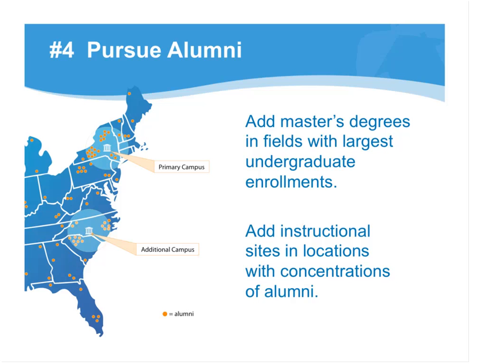A really logical thing to do is if you have a really strong bachelor's degree on campus where you've had lots of graduates out in the world doing their work, develop a master's degree in that field and offer it online, and you have this pent-up demand of students that are waiting. They like you because that's where they got their degree to start with, and they'll often come back to their alma mater if they have an opportunity to do that master's degree to kind of top off what they learned there on campus.